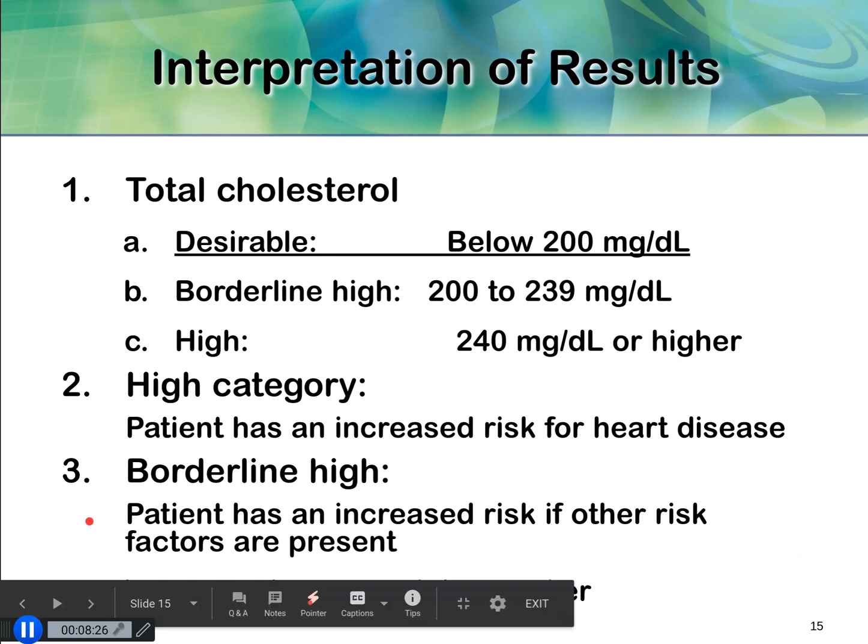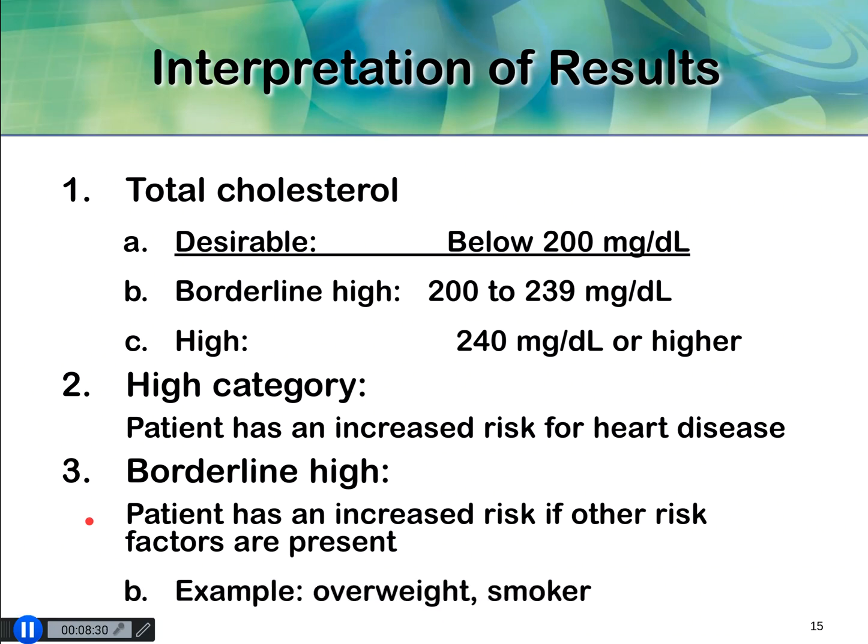When we're interpreting the results of a cholesterol blood panel, we get the total cholesterol, which is the LDL plus the HDL, and then you also add the triglyceride levels after you have divided those by 5, and that's how you get the total cholesterol level.